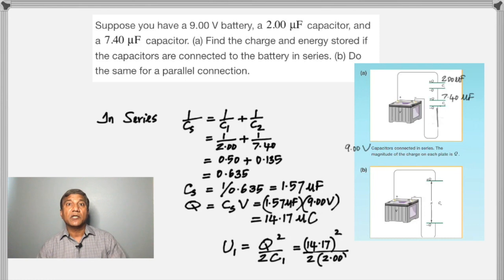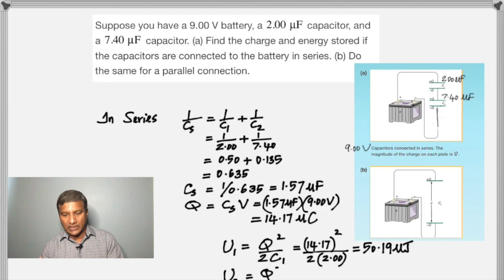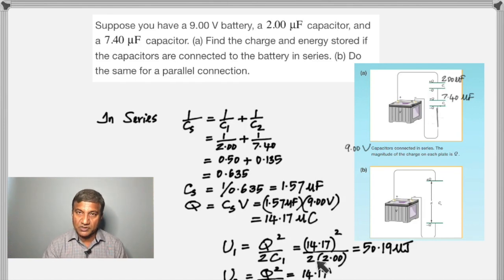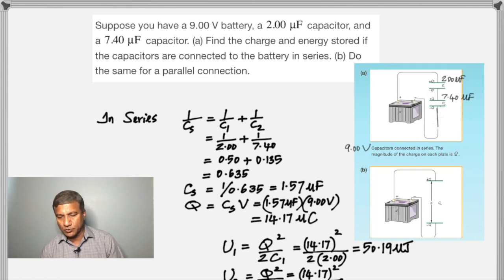That's for the first one. But remember, I'm keeping it in micro. So the charge is in microcoulombs, capacitance is in microfarad, so I'm going to get the answer in microjoules. Why? Because this micro is going to be squared, leaving the unit as microjoules. Now do the same for the second one.